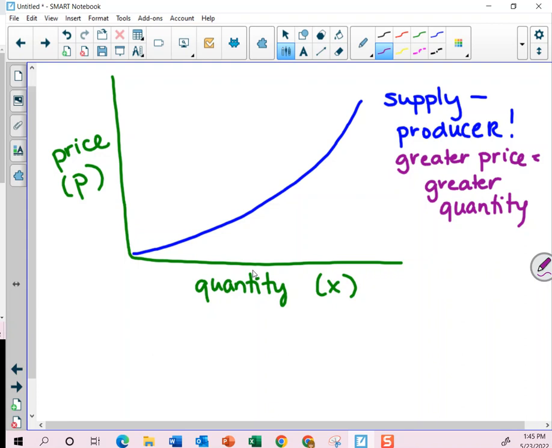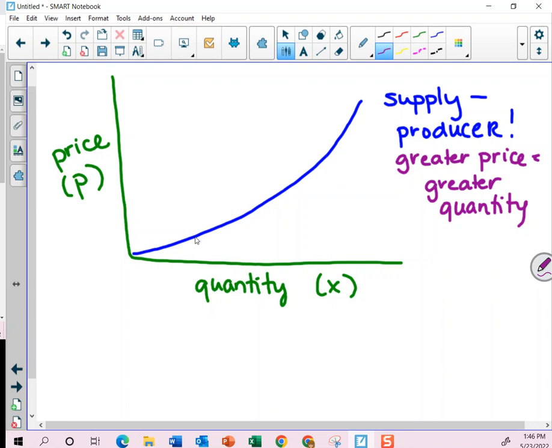if I'm making pencils, and I'm selling the pencils for like 5 cents each, I'm not super motivated. Let's say the pencils cost me a penny, I go buy the pencils for a penny, I turn around and sell them for 5 cents.